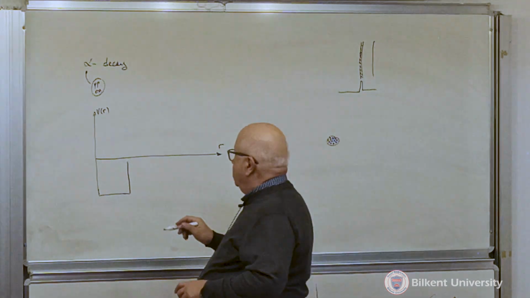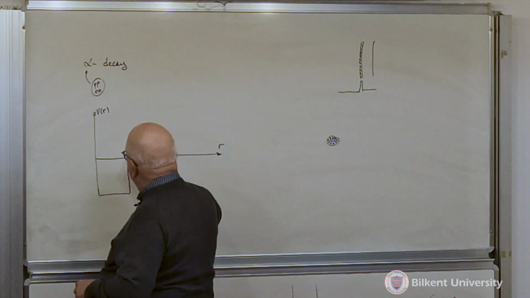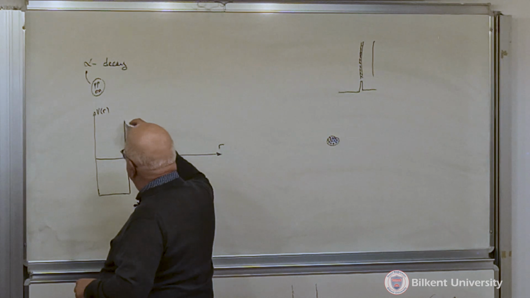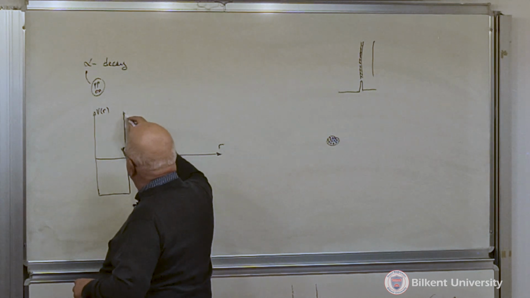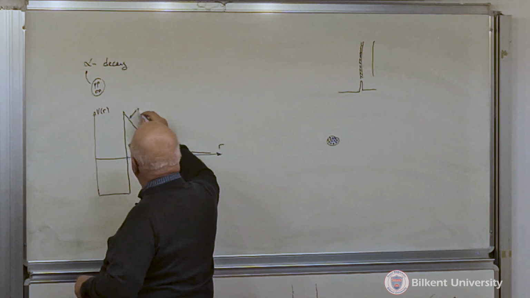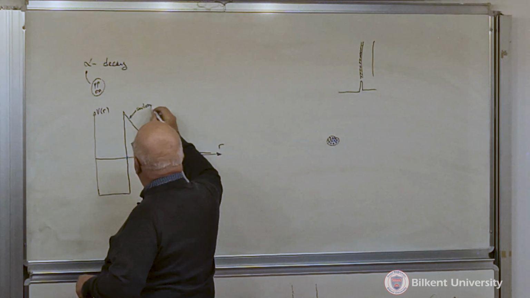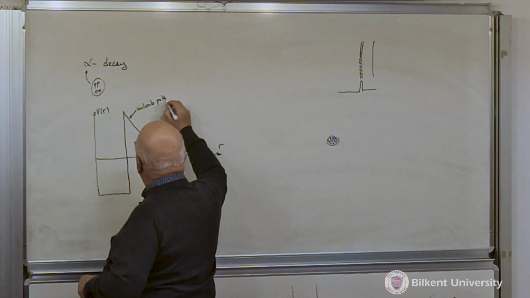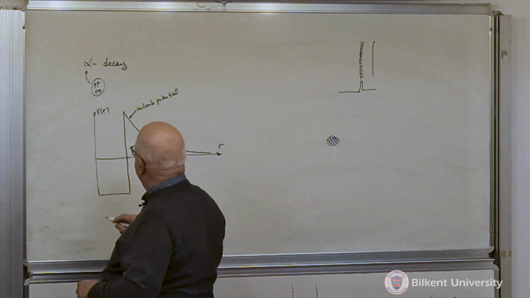And then you have the Coulomb force, which would normally go to infinity. So this is the Coulomb potential, 1 over r.